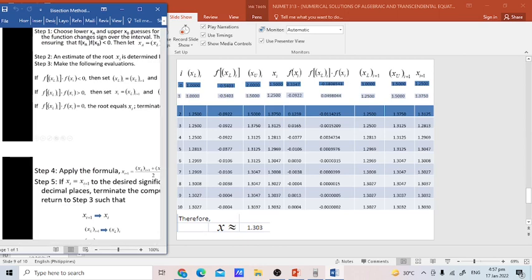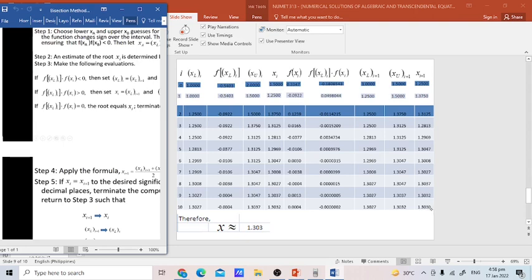So, ibig sabihin niyan, i-compare natin to, yung x sub i na yan, sa x sub i plus 1. So, check natin. At i equals 0, 1.5, 1.25. At i equals 1, 1.25, 1.375. At i equals 2, 1.375, 1.3125. At i equals 10, 1.3032, 1.3030.